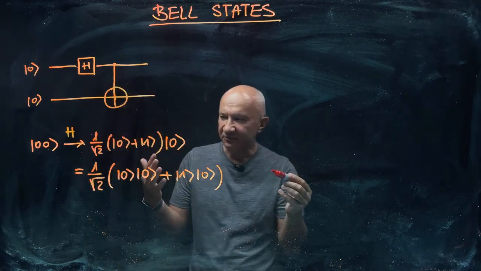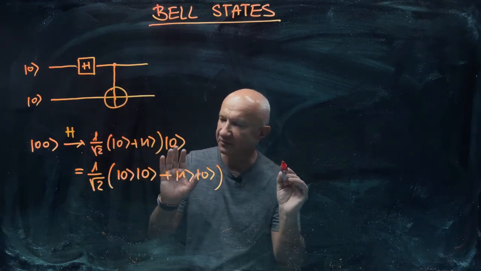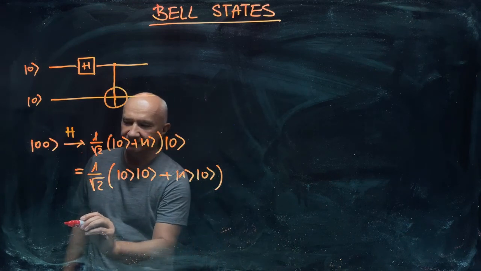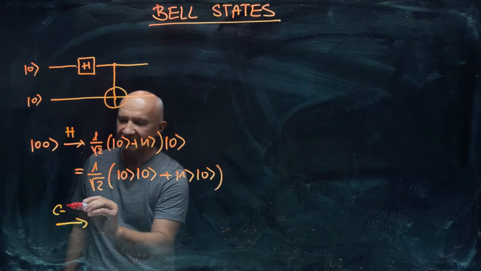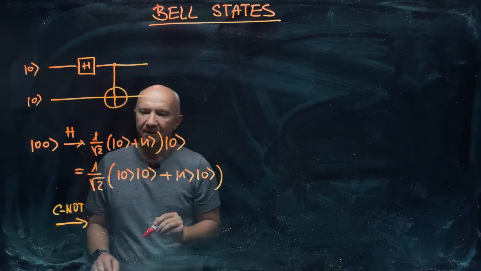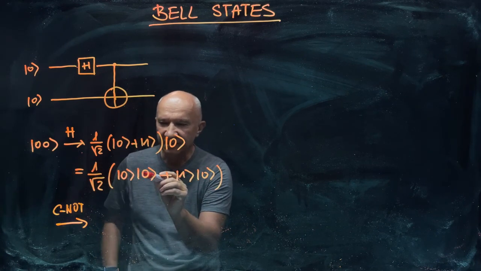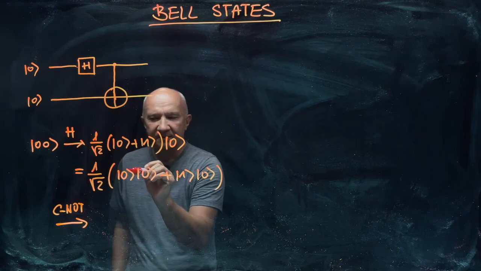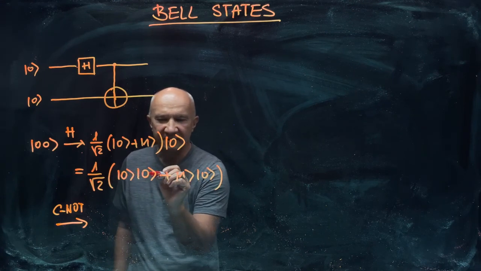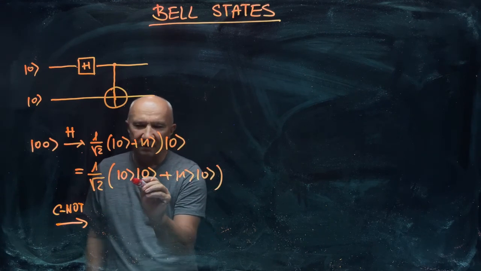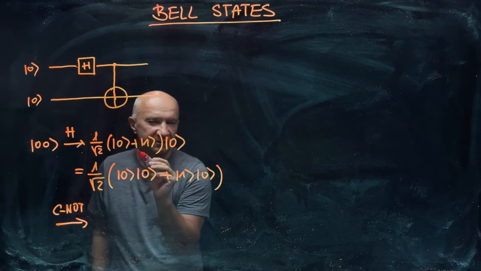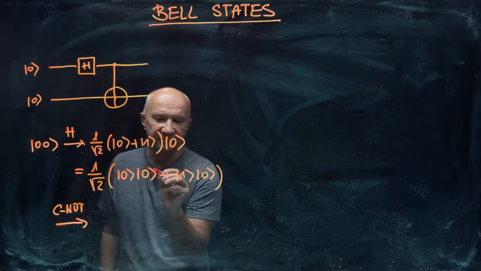Now it's time for the control NOT. You've been waiting for this moment, right? The CNOT gate. Let's look at what is going on here. This is my control qubit, this is my target qubit. When the control is in state 0, nothing happens to the target.